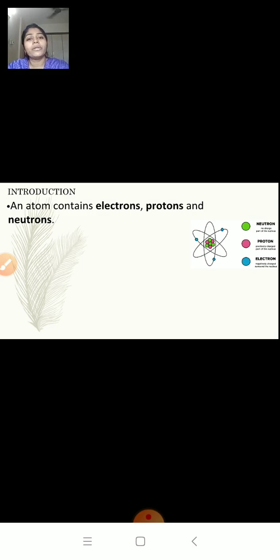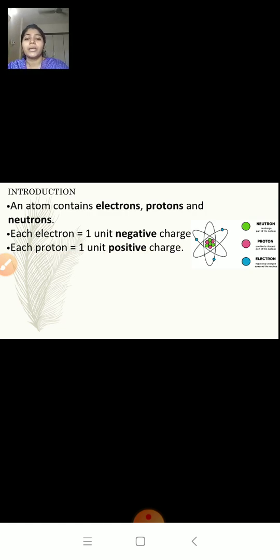And you will learn more about electrons, protons and neutrons in the fourth chapter. Okay, so an atom contains electrons, protons and neutrons. The charge of one electron is 1 unit negative charge, proton is 1 unit positive charge and neutron is neutral. It has no charge. So remember, electrons are negatively charged, protons are positively charged and neutrons are neutral.